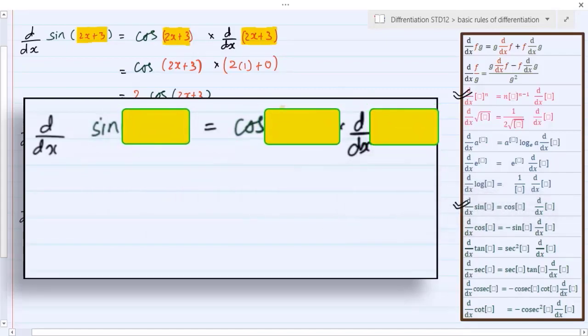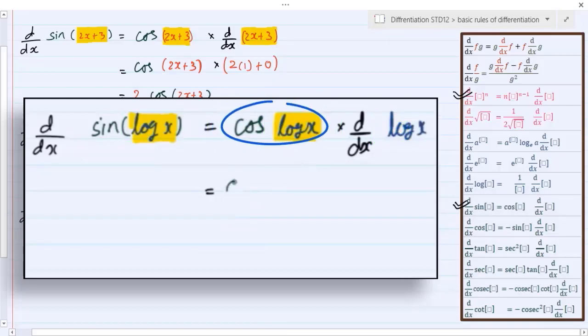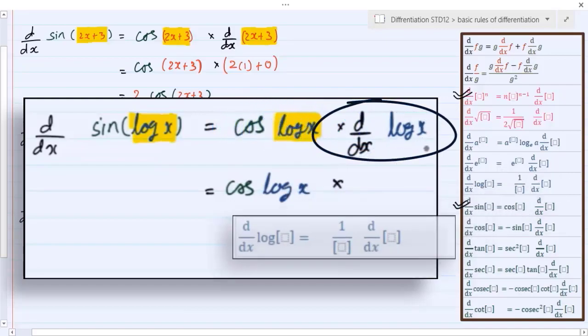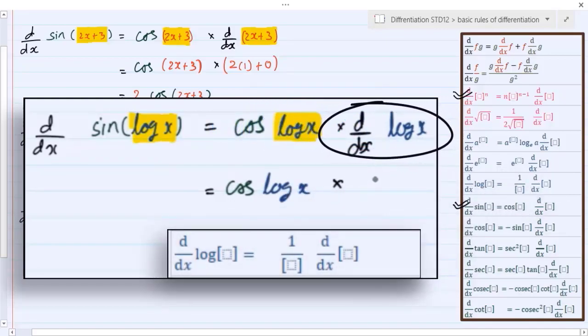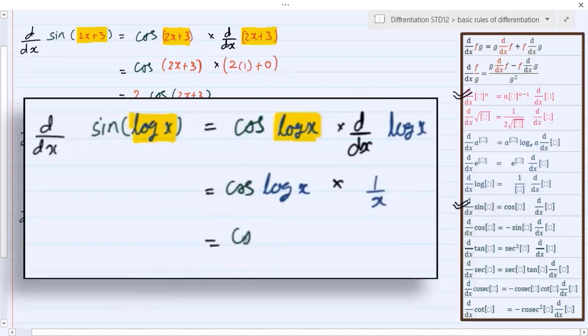Now within the box we have log x. So this cos(log x) will be as it is. We just have to differentiate log x, which is 1 by x. So you can say cos(log x) upon x is your final answer. Ta-da!